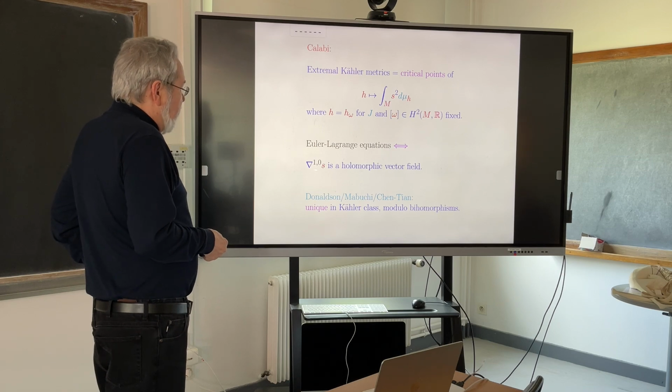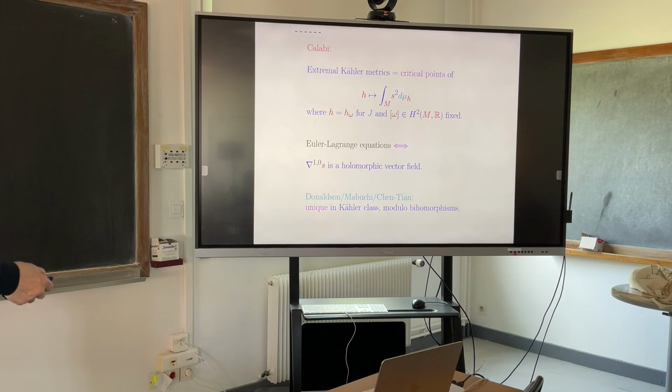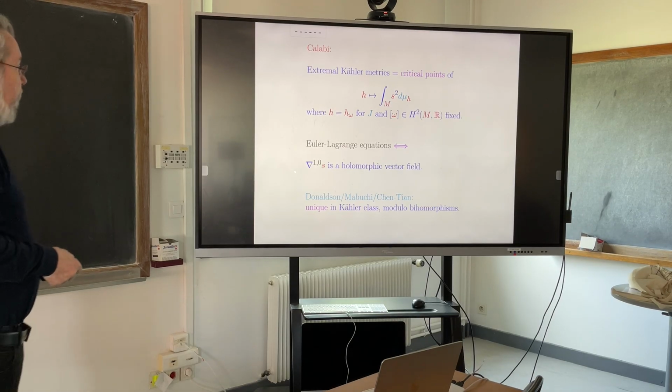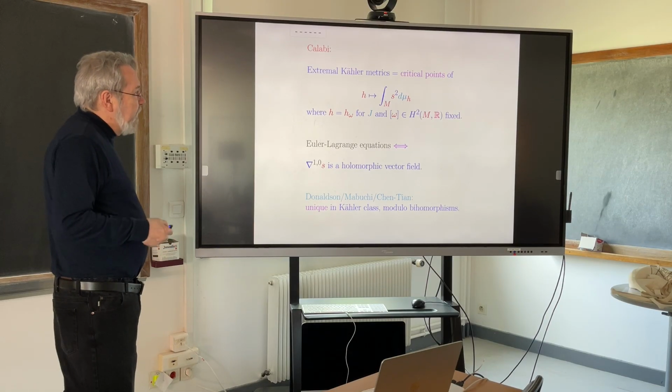The lift of the gradient of S to be a section of the (1,0) tangent bundle is a holomorphic vector field, and that's equivalent to being a critical point. That already says that if there are no holomorphic vector fields other than 0 on your manifold, an extremal Kähler metric is actually constant scalar curvature.